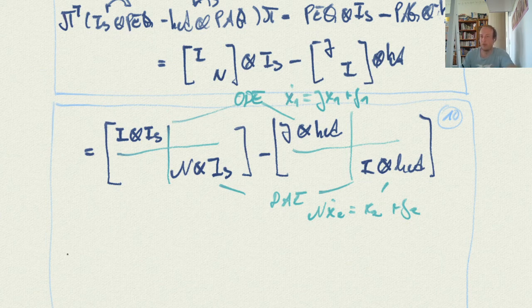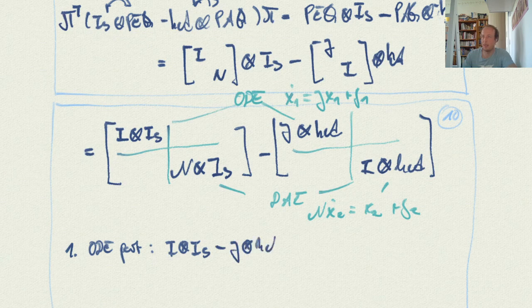The first thing that we see is the ODE part, and here we have I Kronecker I_s minus J Kronecker hA, and this matrix is invertible if h is small.